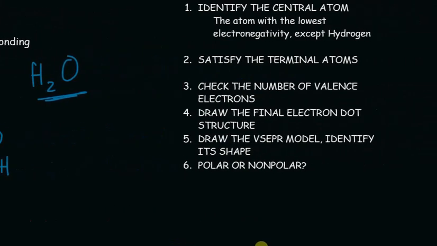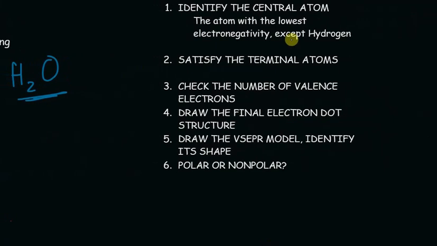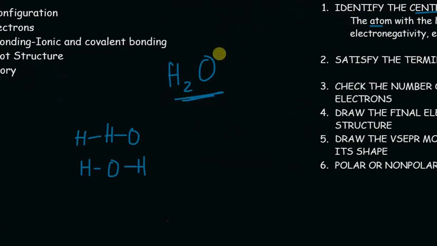So we'll follow some guidelines. The central atom should be the atom with the lowest electronegativity. So for that, we'll check their electronegativity. The electronegativity of oxygen is 3.5, and the electronegativity of hydrogen is 2.1. So which one has the lower electronegativity?